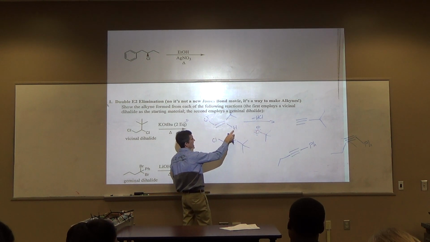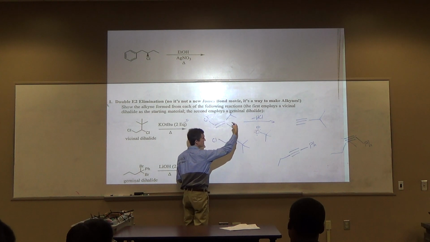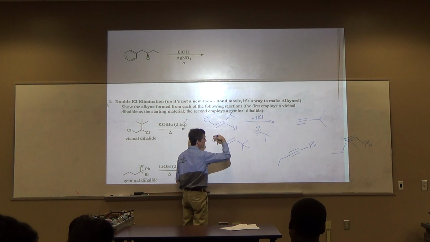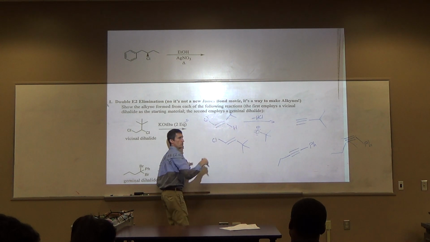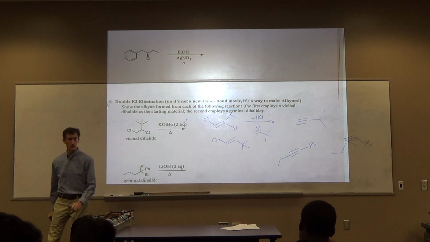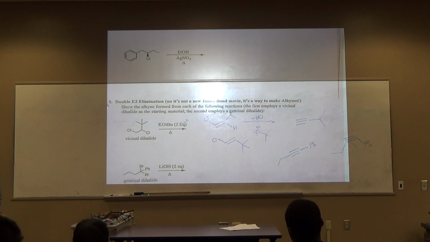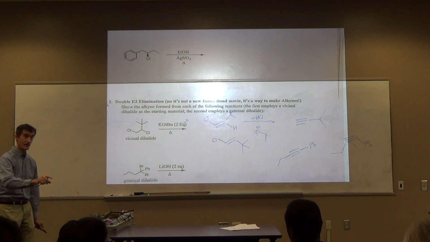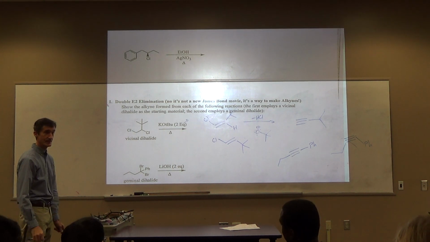Take the H. Can you do an E2 elimination here? Yes. Well, assuming you can, but can you actually show it? We eliminate the H and the leaving group, all concerted. But the leaving group's on an sp2 carbon, not tetrahedral. Great question.